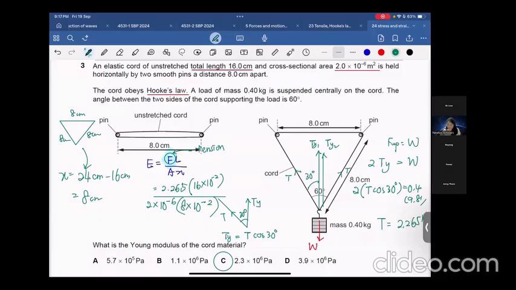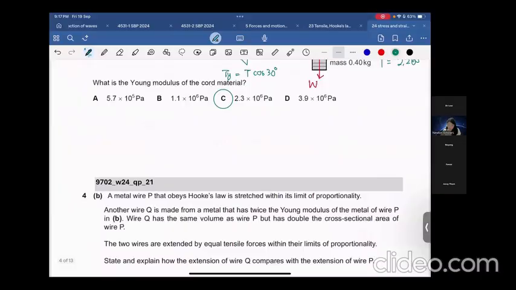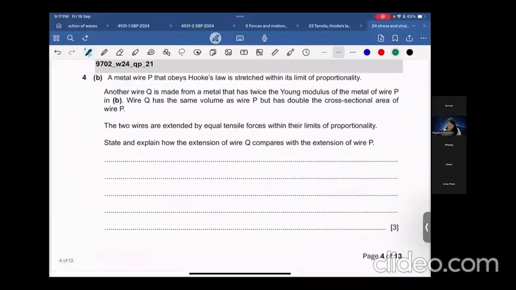Okay, come here. A metal wire P obeys Hooke's law. Another wire Q is made from a material that has twice the Young modulus.